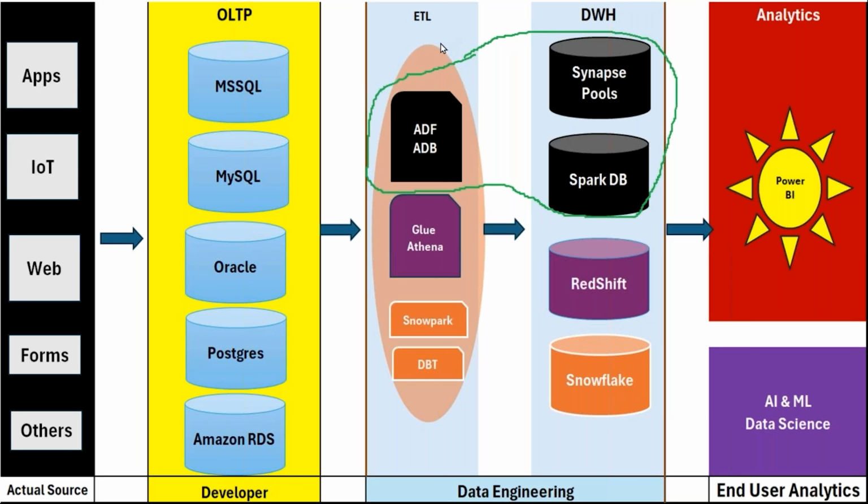So we'll start with ETL from tomorrow and then step into warehouse concepts. We have Microsoft ETL, Microsoft warehouse, open source ETL, open source warehouse. Again, there is a combination. ADF can push data to a Spark database as well as Synapse.